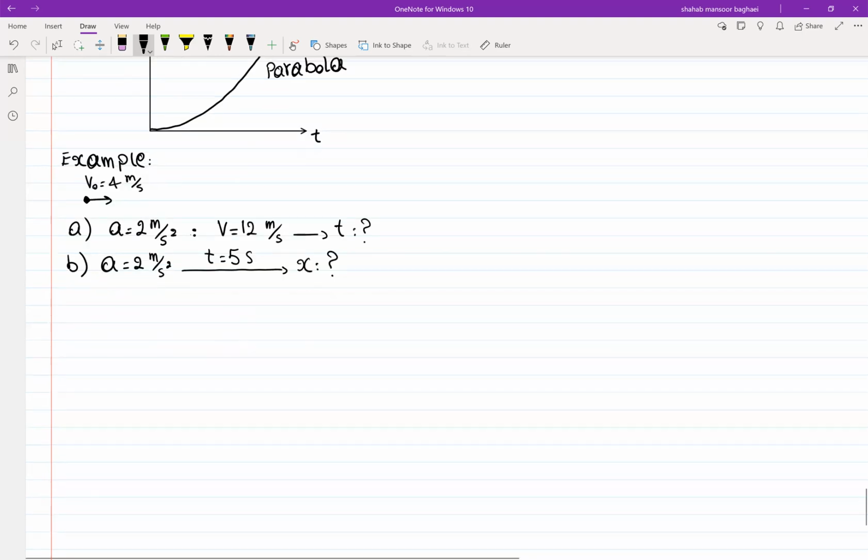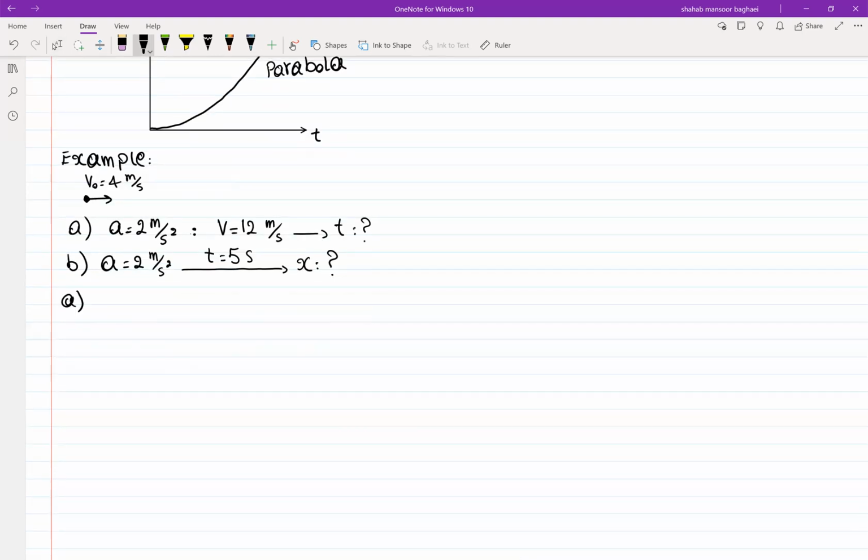Okay, let's do part A. If you look at the information of part A, you can figure out that you have acceleration, you have final velocity, that's 12, you have initial velocity, which is 4, and you need the time value. Obviously, you need the velocity equation here to find t. Therefore, use this equation for part A. V equal to AT plus V0.